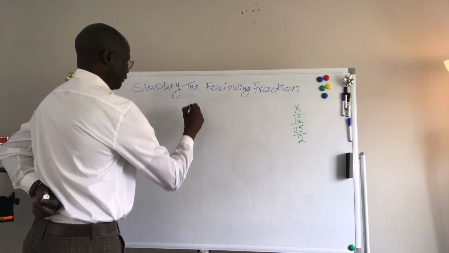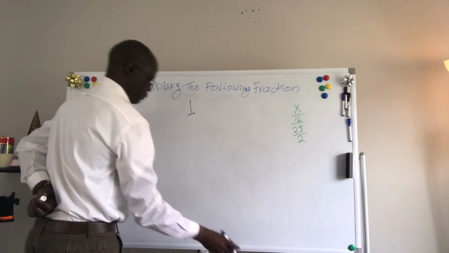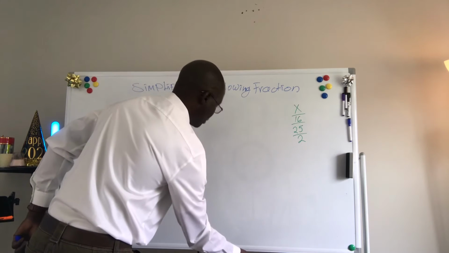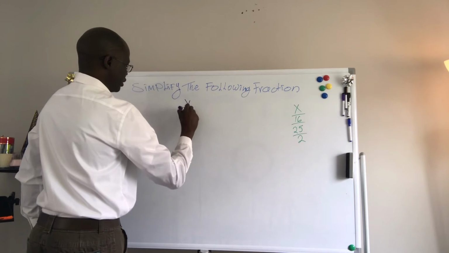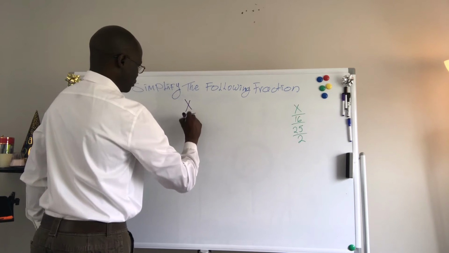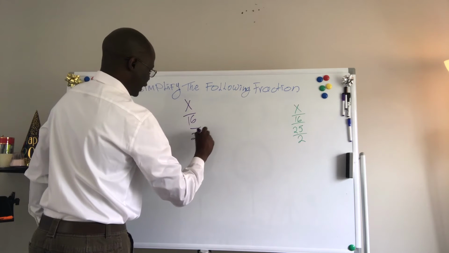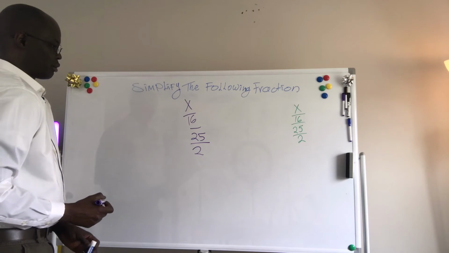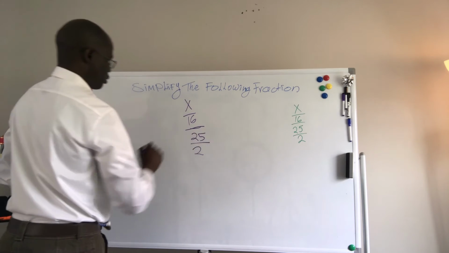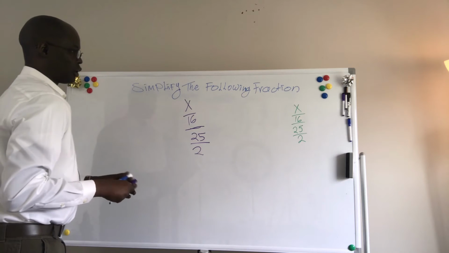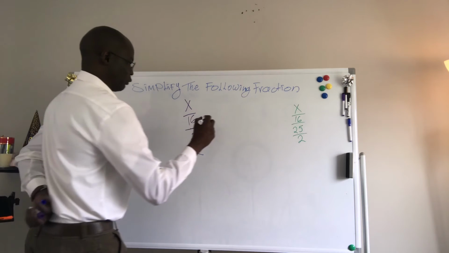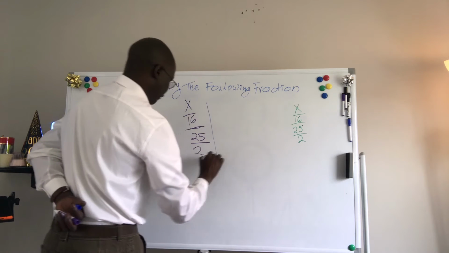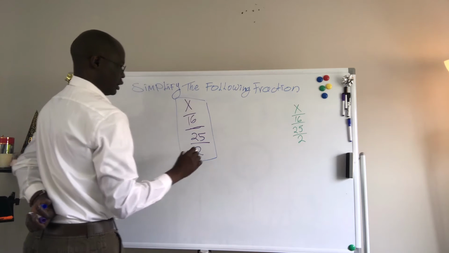The second one is x divided by 16 divided by 25 divided by 2. The rule here will be simple. The rule we apply here is the same as before.